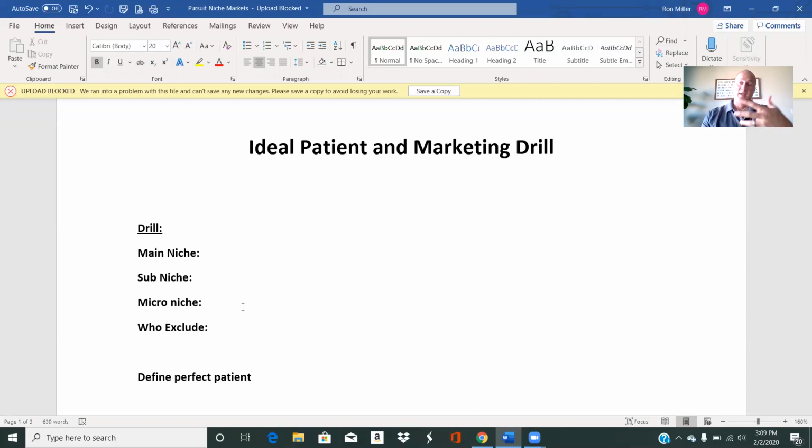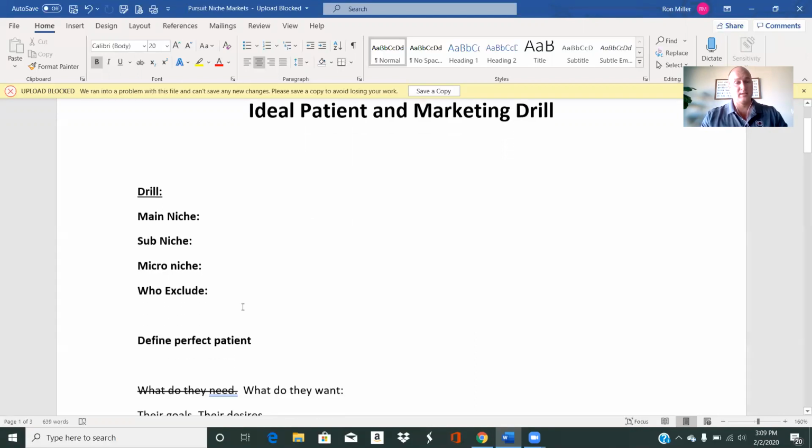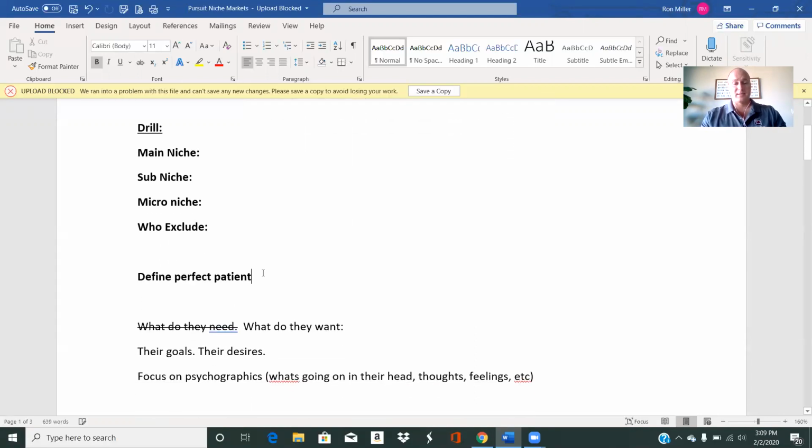Like for most of us in a cash-based clinic, we don't want to target people who want average care, who just want to go to standard care and go through the motions, and who are in that health insurance mindset. Okay. And then you want to actually write out who your ideal patient is. Okay. So that's the first drill.